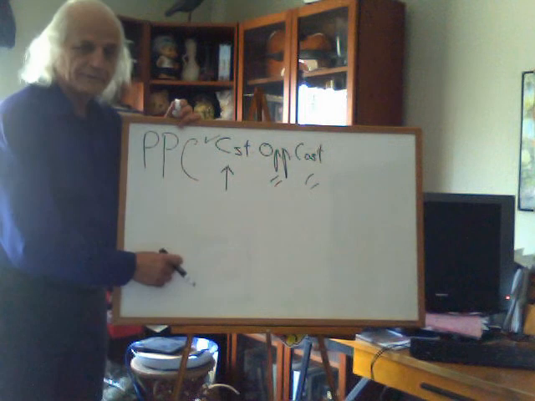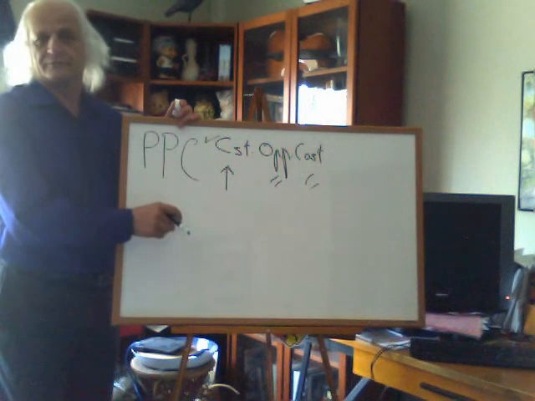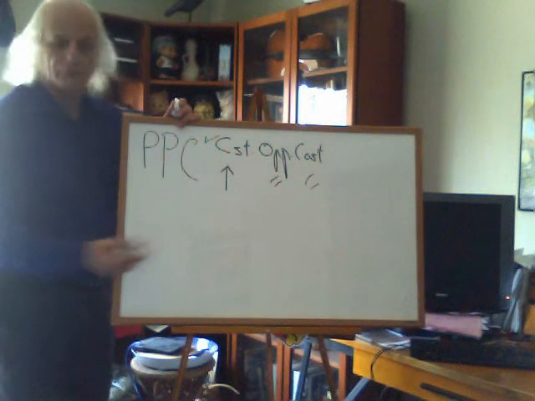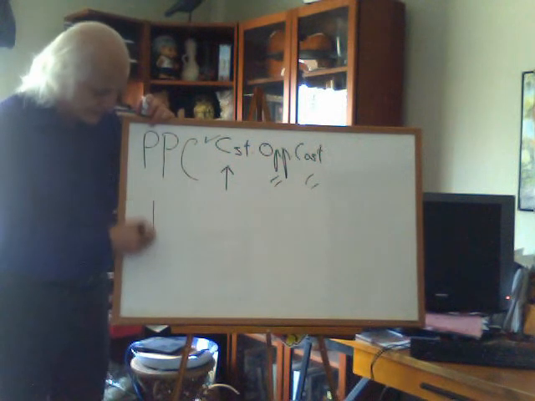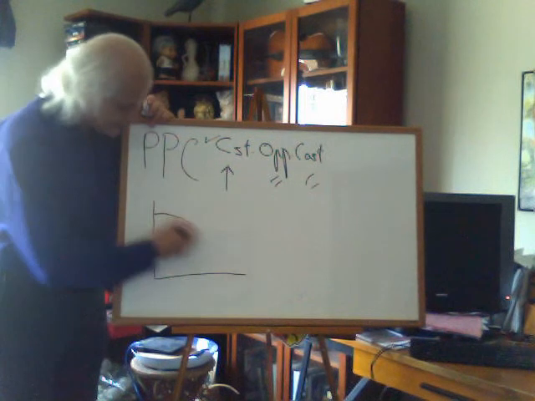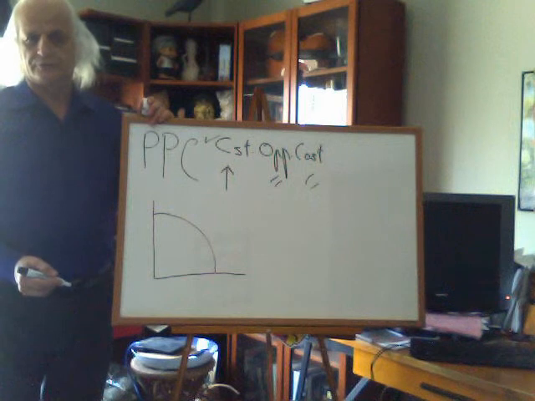It means that what you are shifting into is going to become more expensive. And that is when you have the increasing opportunity cost. So an increasing opportunity cost will make the production possibility curve concave to the origin.